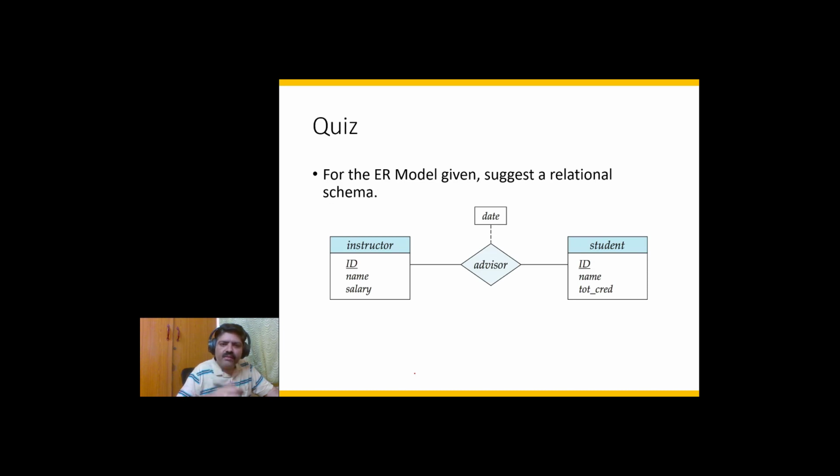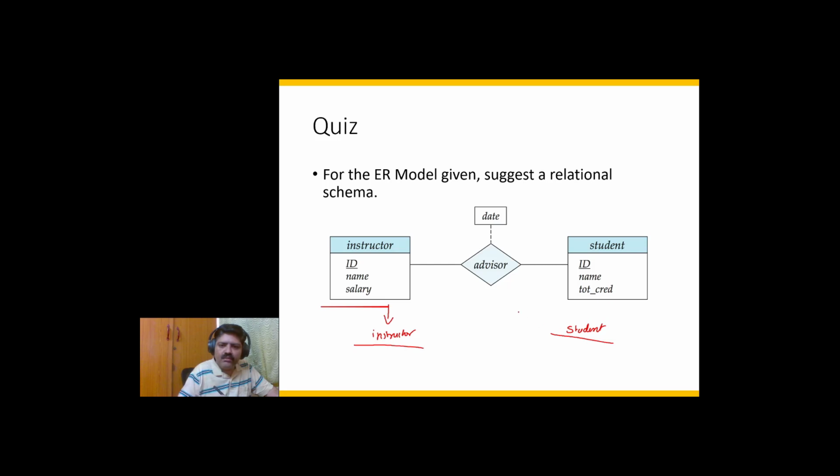Now, if an ER model is given like this, then how would this translate to a schema? Well, by now I hope you have already figured this out. We will of course have all the strong entities converting into a table. So instructor becomes an instructor table with the same columns mentioned here, and we also have a student table with the columns mentioned here.